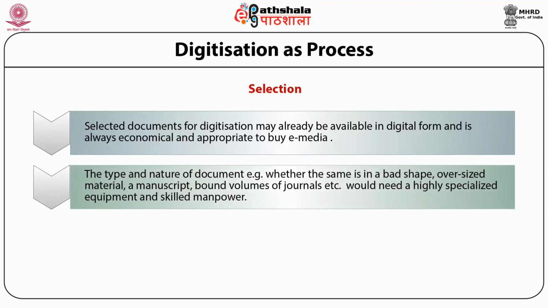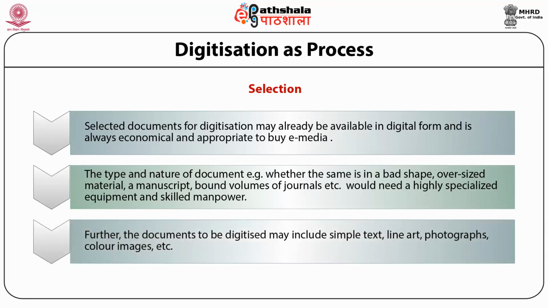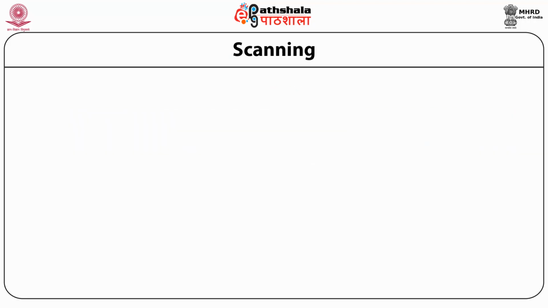The type and nature of document, for example, whether it is in a bad shape, oversized material, a manuscript, bound volume of journal, etc., would need highly specialized equipment and skilled manpower. And further, the documents to be digitized may include simple text, line art, photographs, color images, etc.